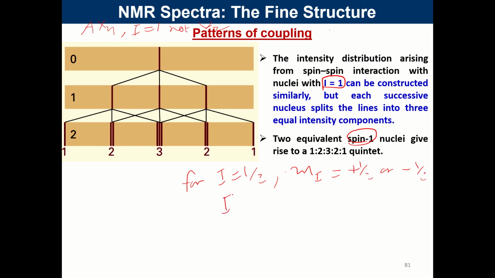But when I is equal to 1, m_I is plus 1, 0 or minus 1. So these are three different orientations.